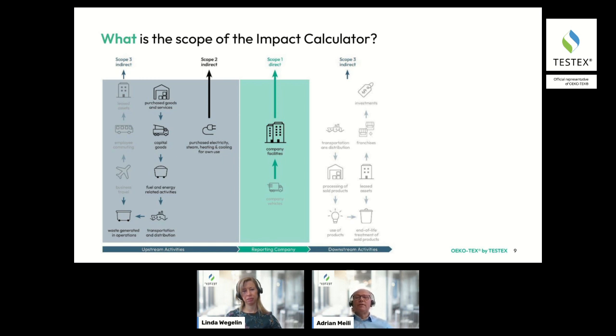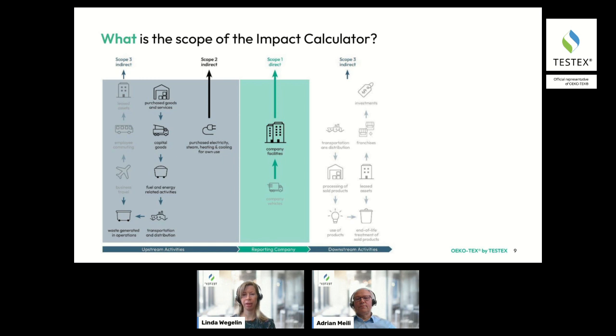And last but not least, the chemicals used, the packaging, and the transportation from the suppliers to the facility, as well as from the facility to the end product market. As you can see, all the bold parts of scopes 1 to 3 are covered by the impact calculator.